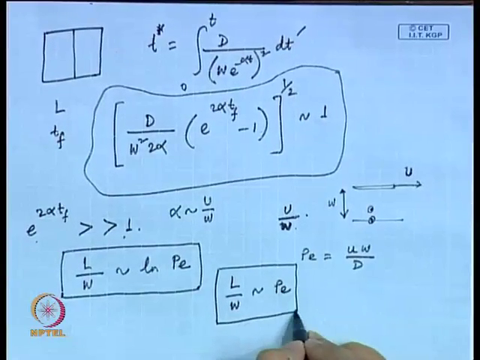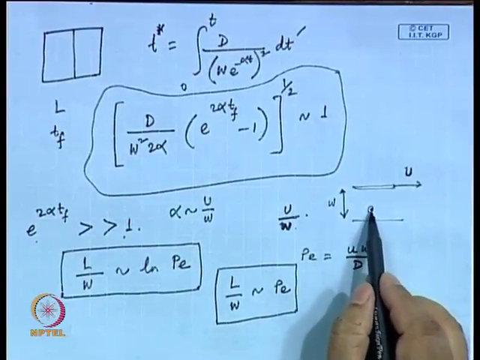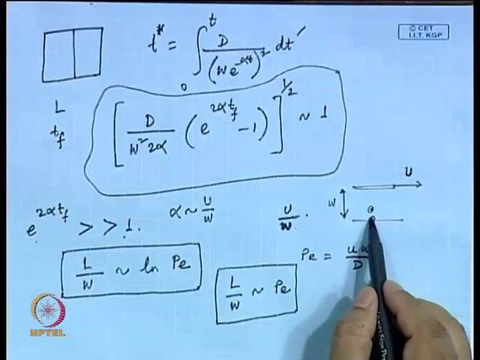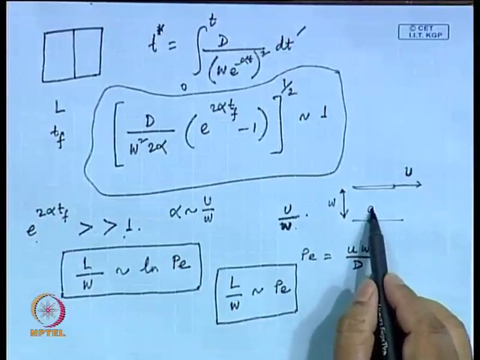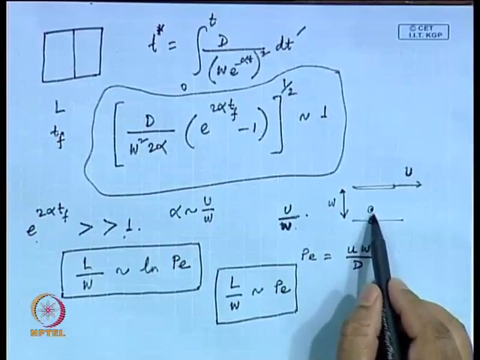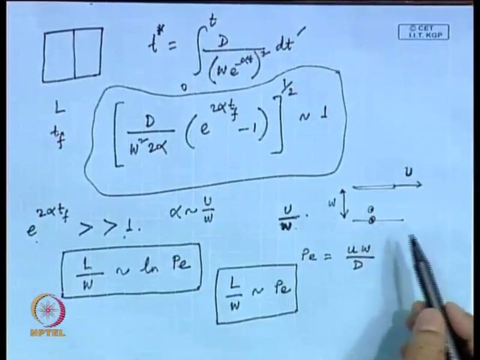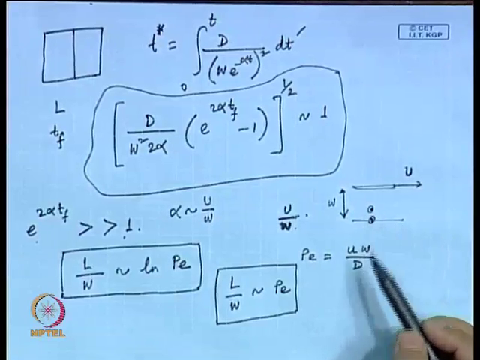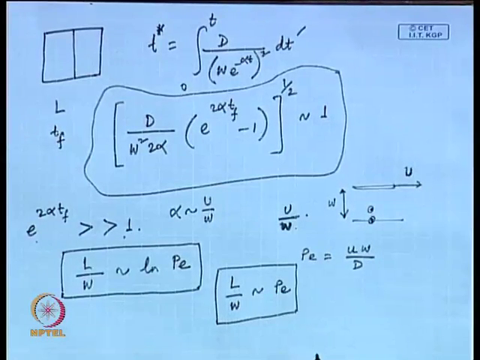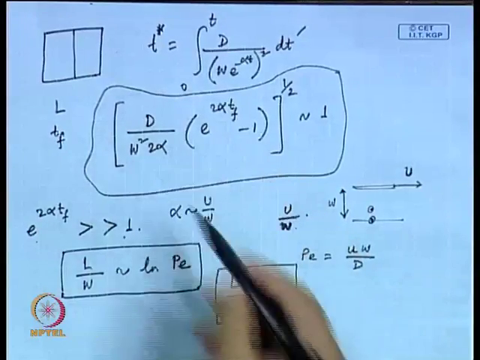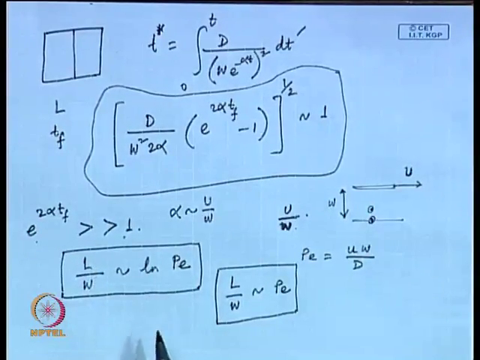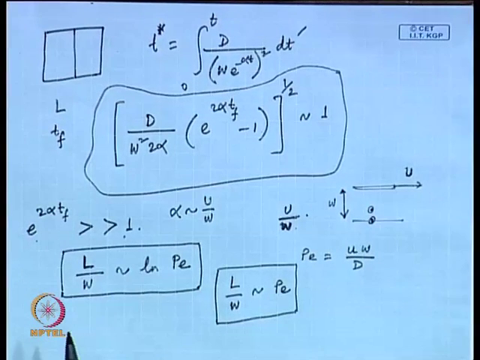If you would have considered this form of stretching, that means one layer is just sheared against the other, and the distance between these 2 points evolving with time, then this L by W scales to Peclet number. That can be shown. We have done a much more complex analysis to show this L by W scales to ln of Peclet number. So, this is the advantage you get. L is what? L is the length, right.